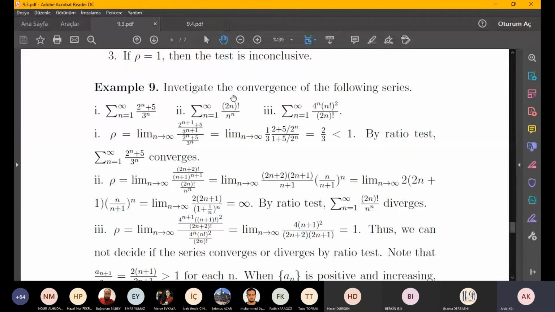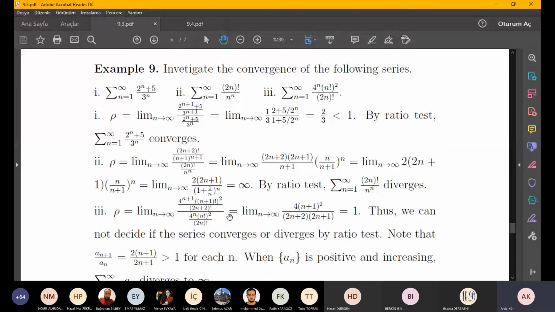So if you see that kind of general term, you should use the ratio test. Here again, the series in the second example is positively defined. So if we use the ratio test, an plus 1 over an is like that. If you use the factorial properties, then you get that second step.